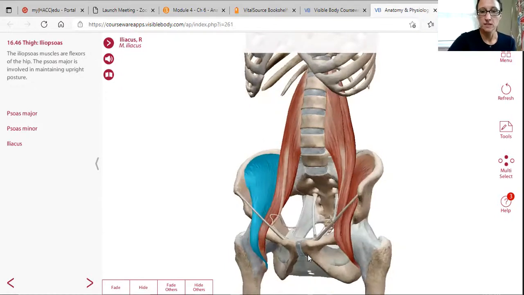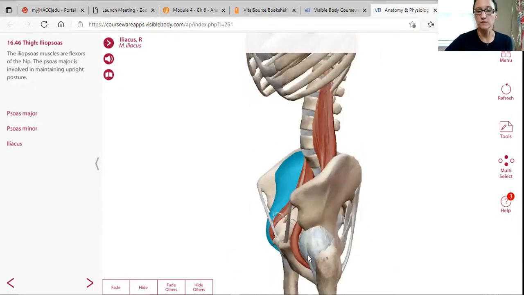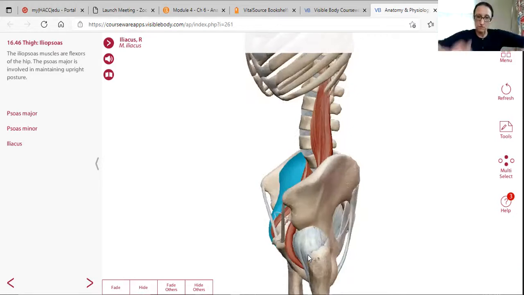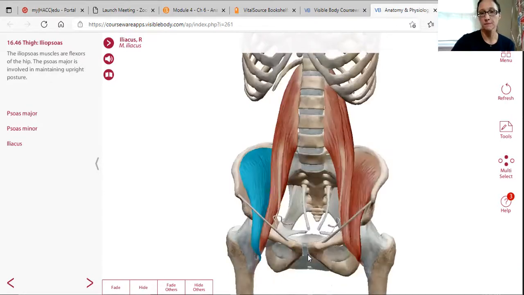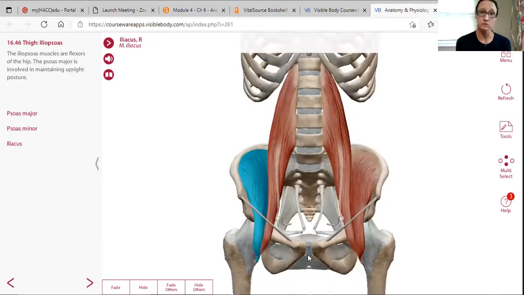All right, so that's iliopsoas. That's a nice view of it too. Okay, you can see how it wraps itself down around. Now, the other thing I want to mention about iliopsoas is that it is palpable. In other words, we're going to be able to palpate iliacus, but not so much psoas. And the reason is because this whole area is filled with viscera.